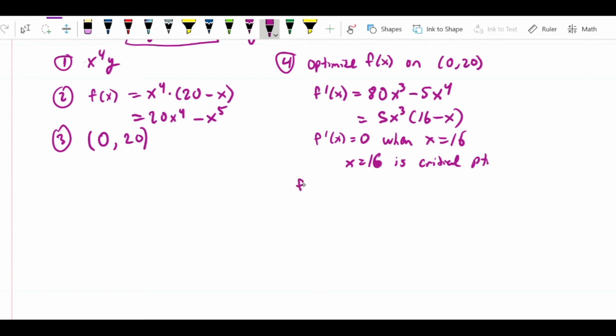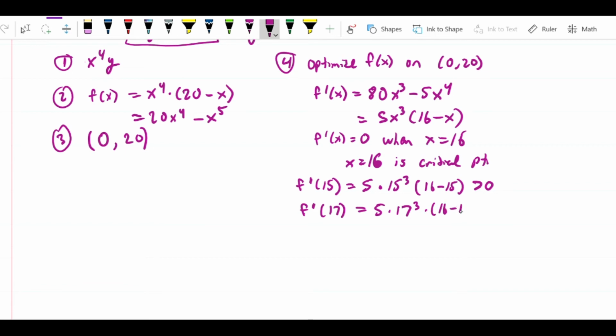So f prime of 15 is going to equal 5 times 15 cubed times 16 minus 15. That's a positive number times a positive number times a positive number, so that's greater than 0. And if I plug in f prime of 17, I get 5 times 17 cubed times 16 minus 17.